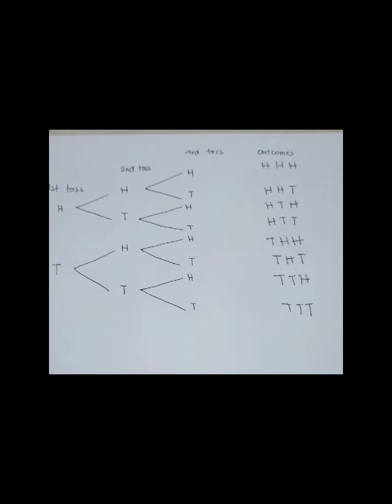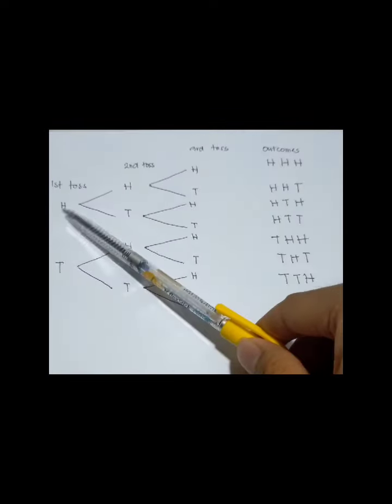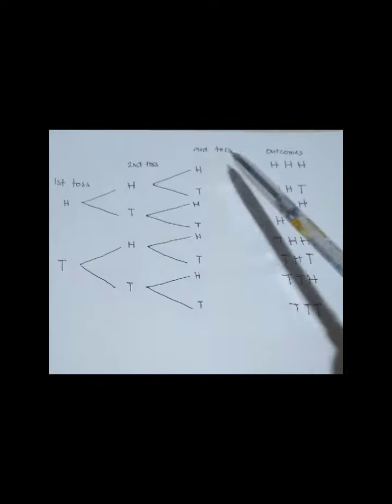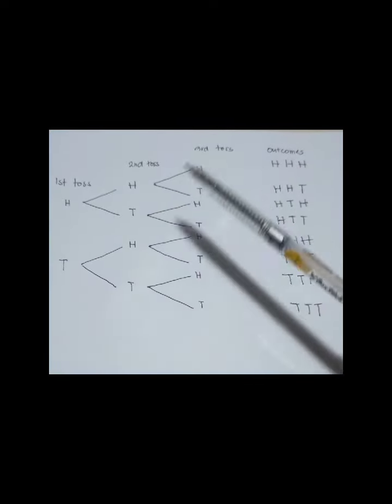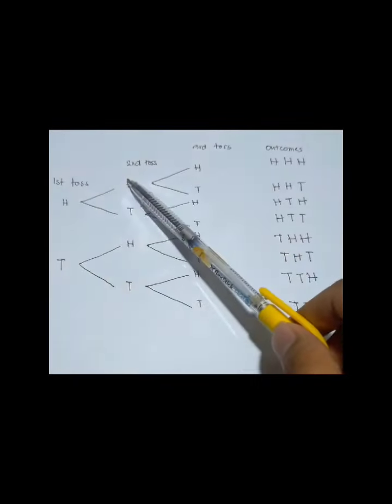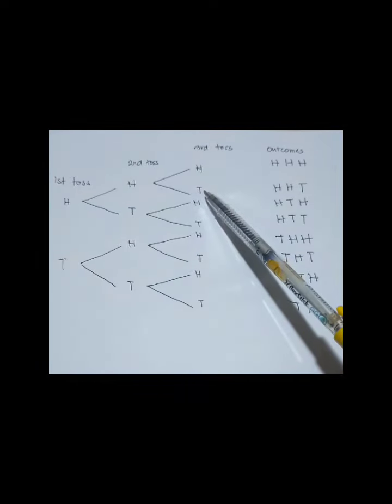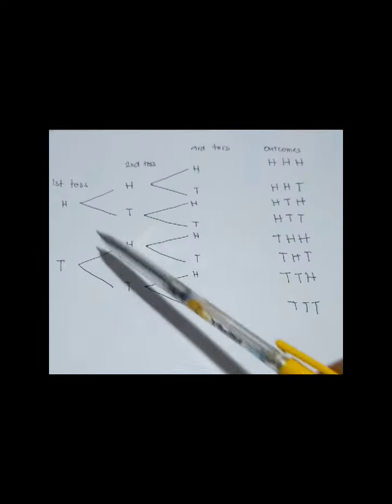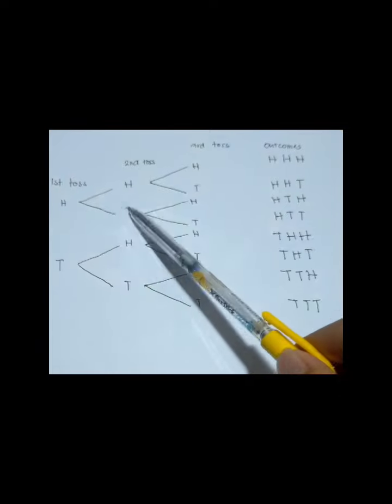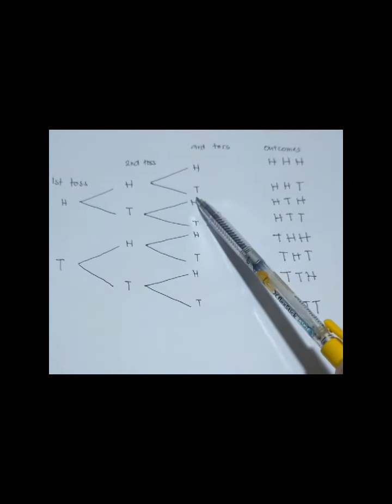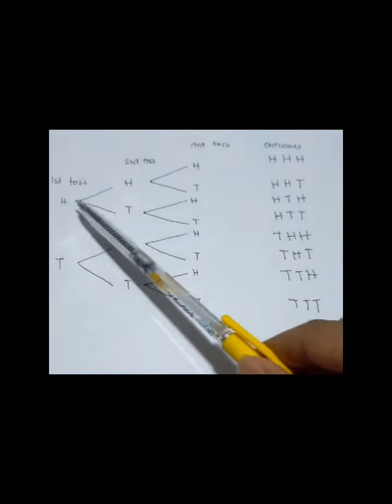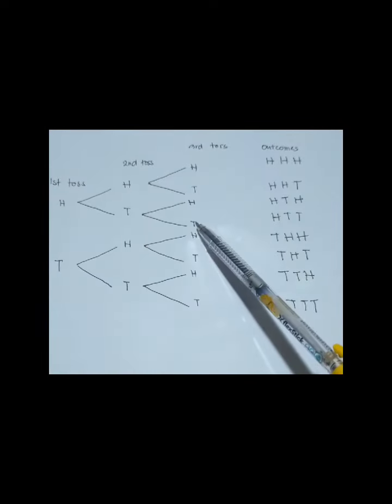So, the first possible outcome will be head, head, head. Then, the second possible outcome will be head, head, tail. Then, the third possible outcome will be head, tail, head. Then the fourth, head, tail, tail.